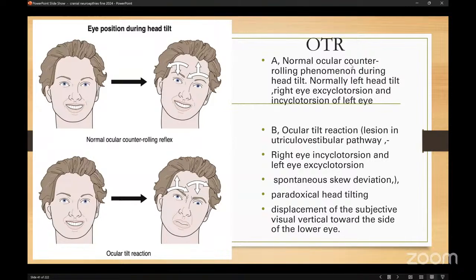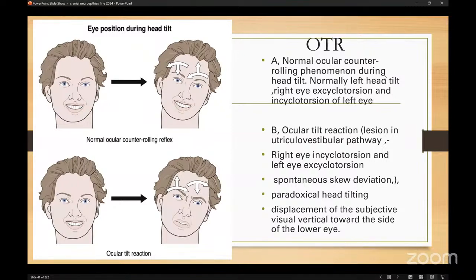So you can see normal OTR, in normal ocular counter rolling phenomena, with the left head tilt, right eye will excyclotort and left eye will incyclotort. If there is a left head tilt, the upper eye will excyclotort and lower eye will incyclotort.